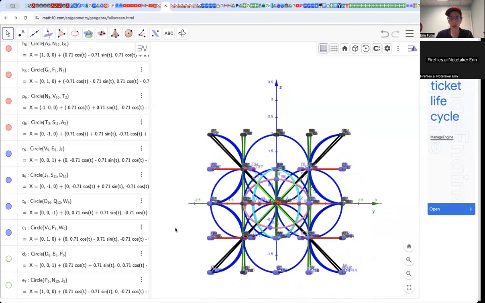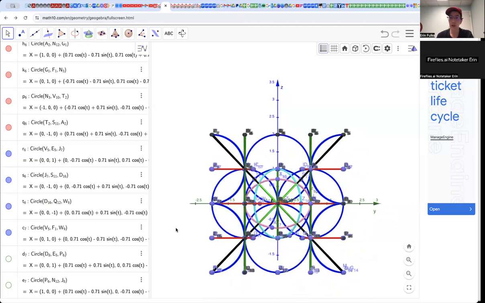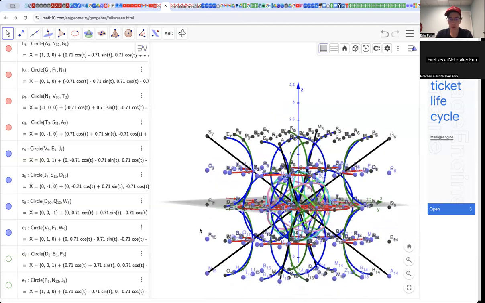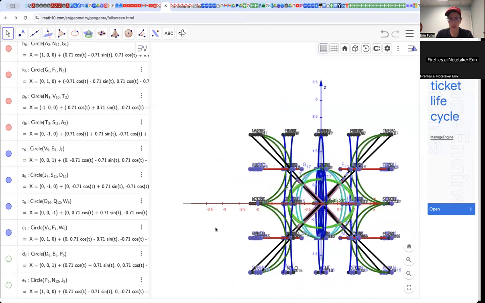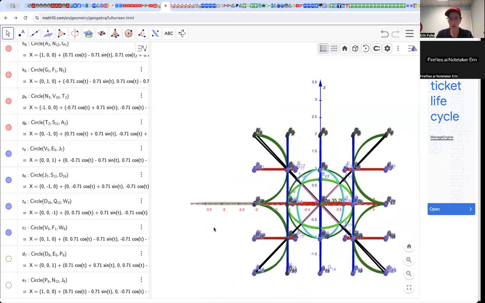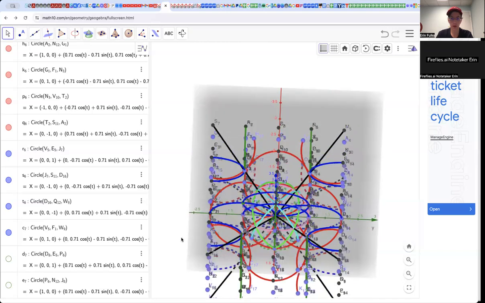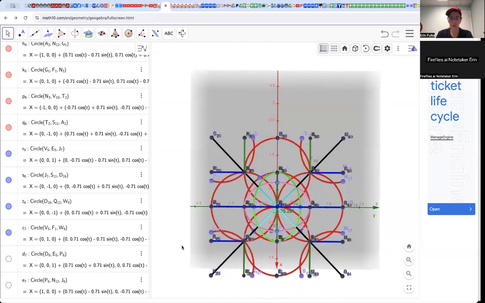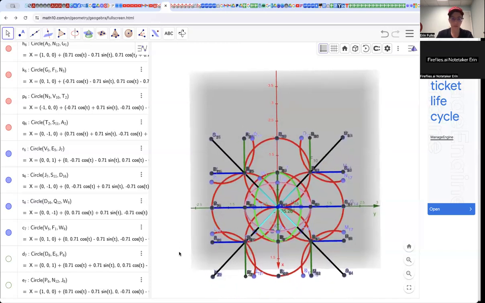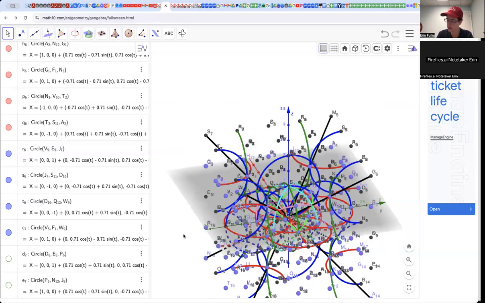So when we're looking at it straight on for our driving arch planes, this is what we get when we're looking at the movement structure straight on. When we're looking at it from the side, we end up having a line. And when we look at it from the top, we have a line there. But that is the driving arch planes.